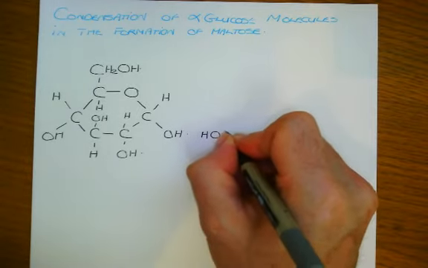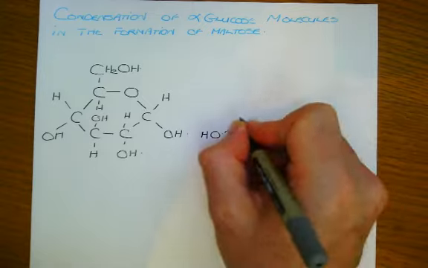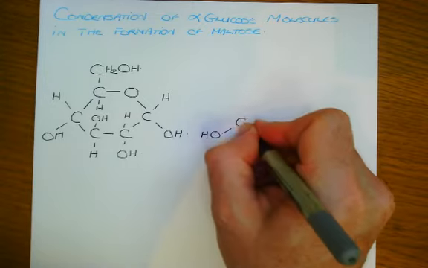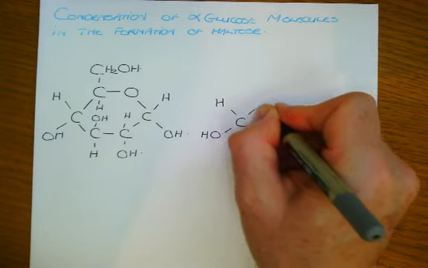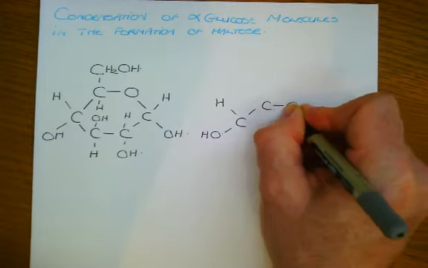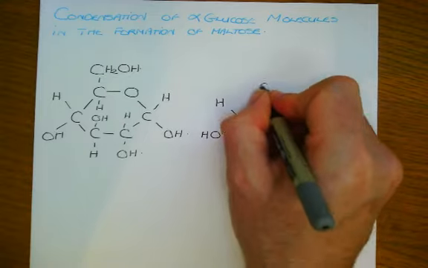What we then need to do is draw another one right beside it. So let's start with the OH group bonded to carbon 4.